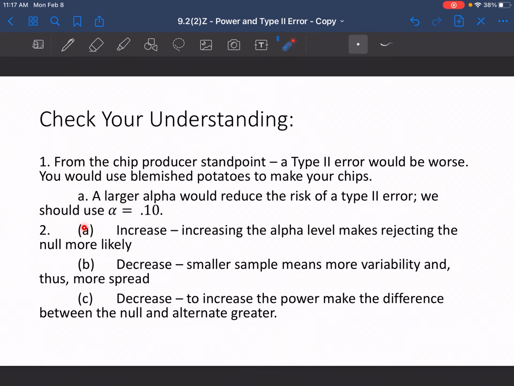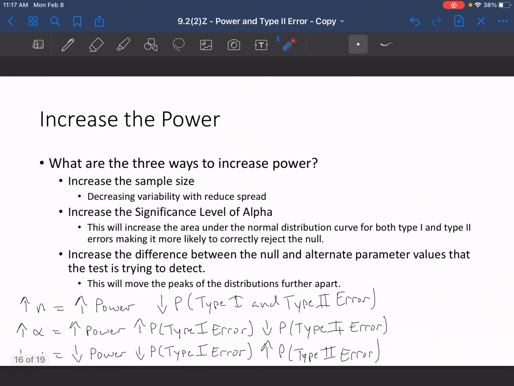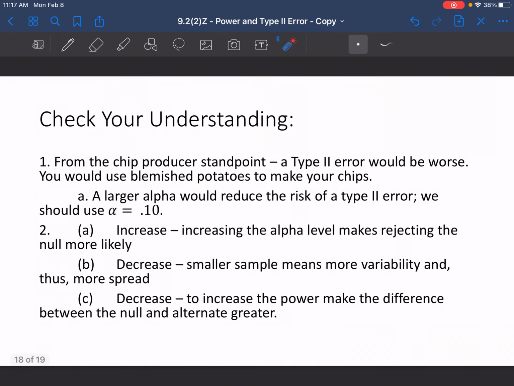So A, increasing the alpha level makes rejecting the null more likely. So that's, again, when we increase alpha, that's always going to increase the probability that we make a type 1 error, or the probability that we reject the null when we really shouldn't reject the null.